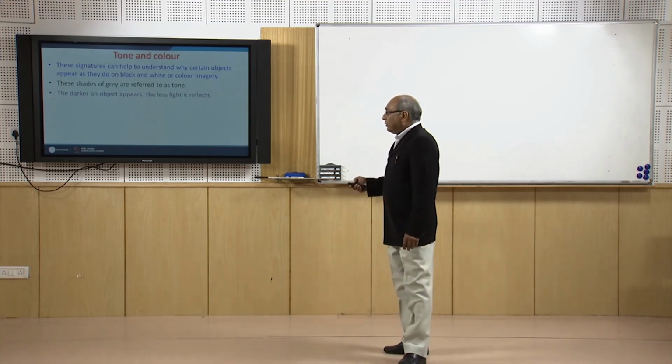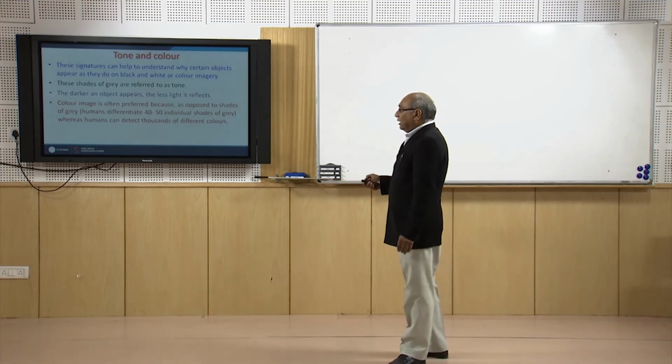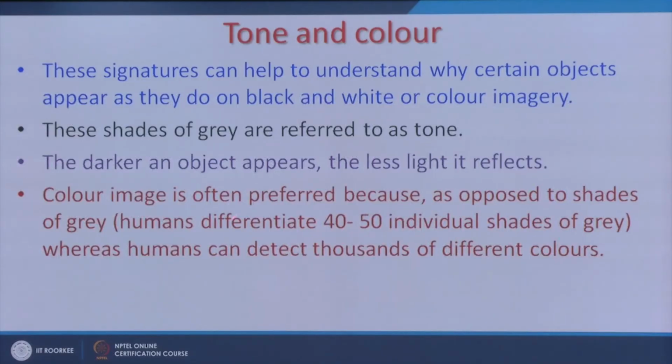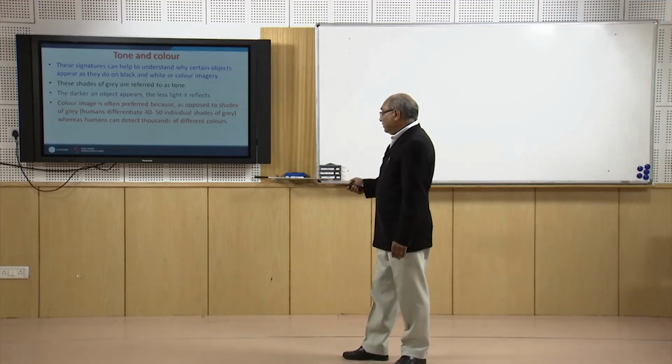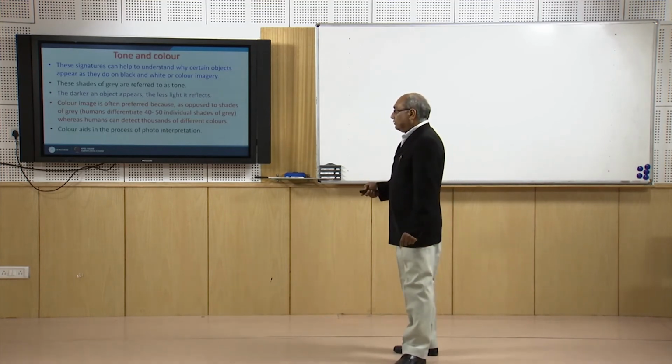The darker an object appears, the less it is reflecting in that particular channel. Color images are often preferred as opposed to shades of grey, because humans can differentiate a maximum of 40 to 50 individual shades of grey, whereas with colors we can detect thousands. That is why colored images are most liked and used in image interpretation.